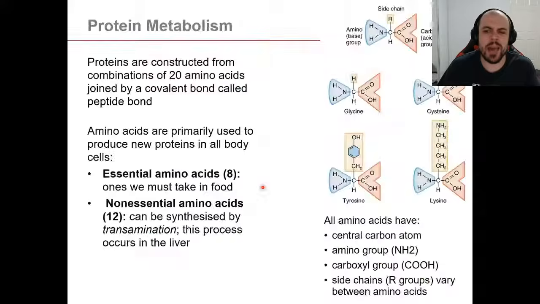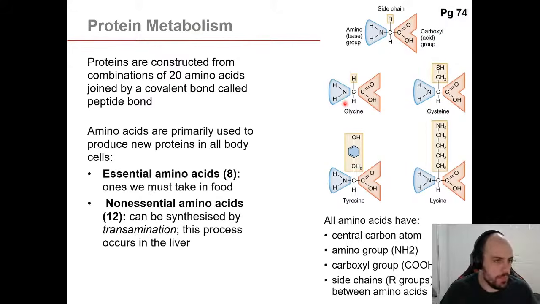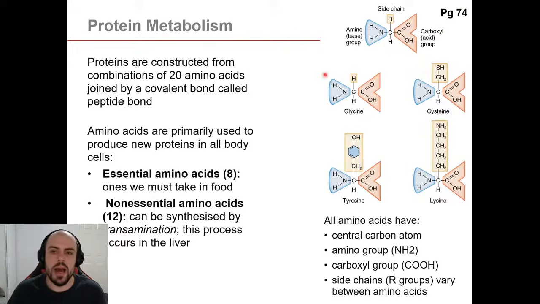What is deamination? Well, this here is called an amine group. Again, I'm trying not to get too much into the chemistry of it, but deamination is removing this amine from an amino acid.